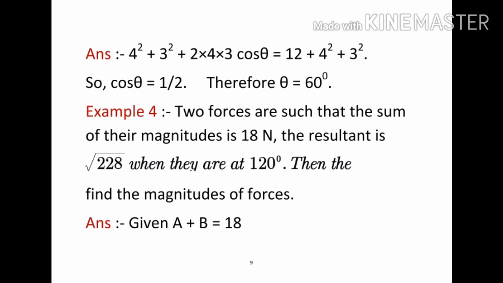Next, one more example. Two forces are such that the sum of their magnitudes is 18 Newton. The resultant is root 228 when they are at 120 degrees. Then find the magnitudes of the forces. First, we take the given data from the first sentence: the sum of the two forces' magnitudes is 18. Therefore, A plus B is equal to 18.